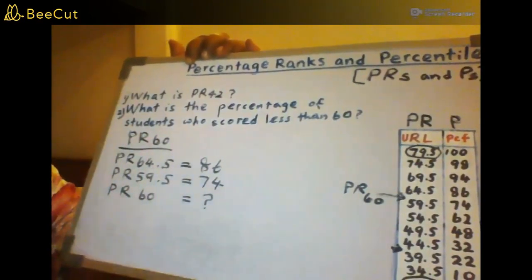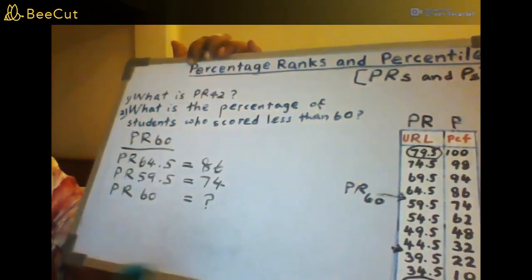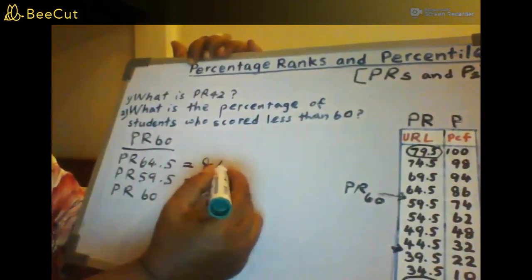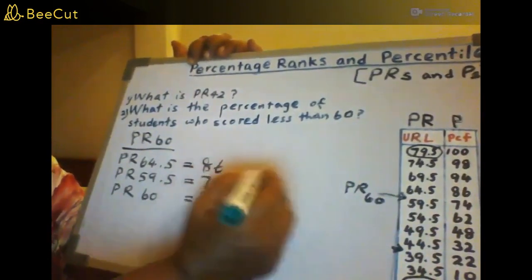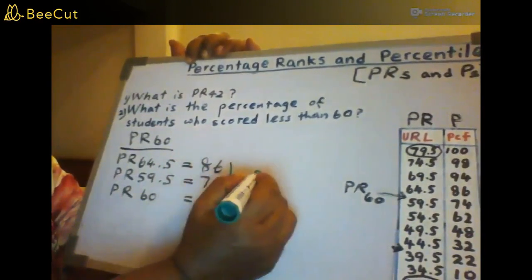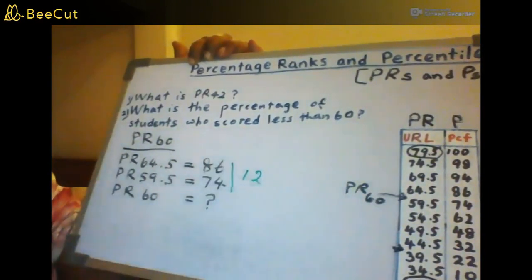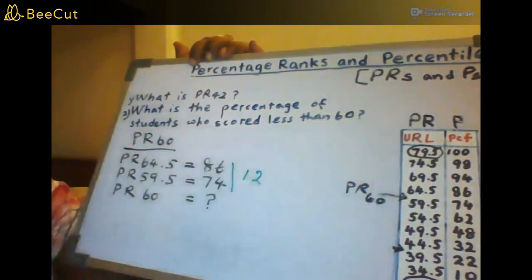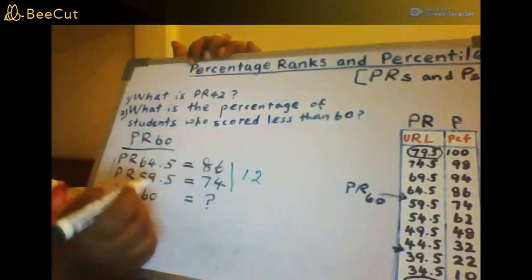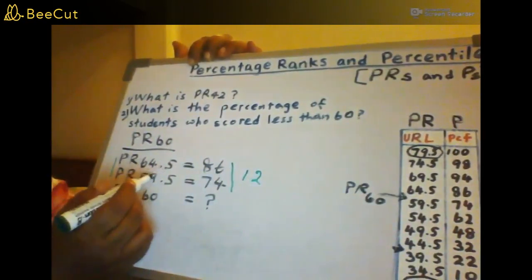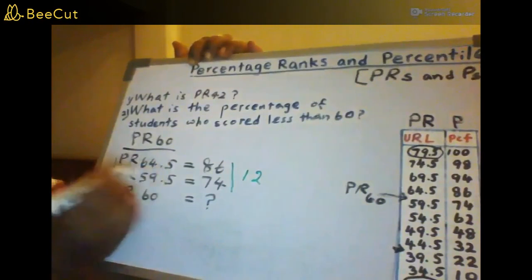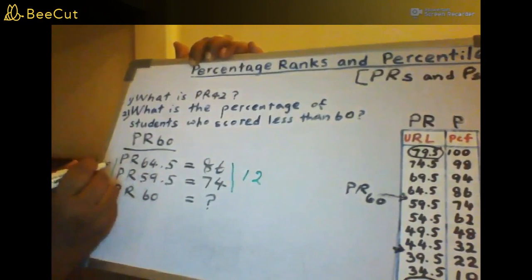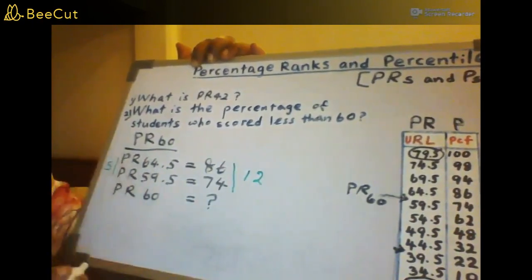Next, we have to find the differences. What is the difference between these two values? 86 minus 74, it's 12. Then these two values, 64.5 minus this one, 5. Actually, you will get the class size here.